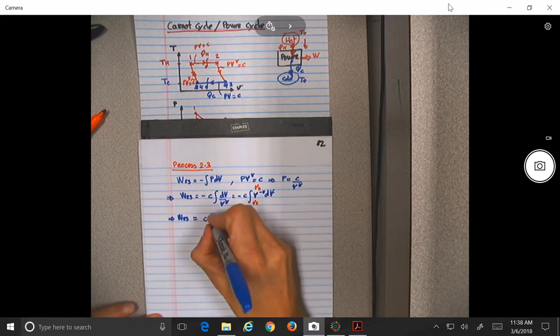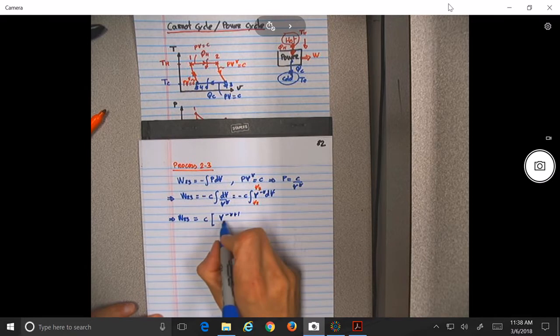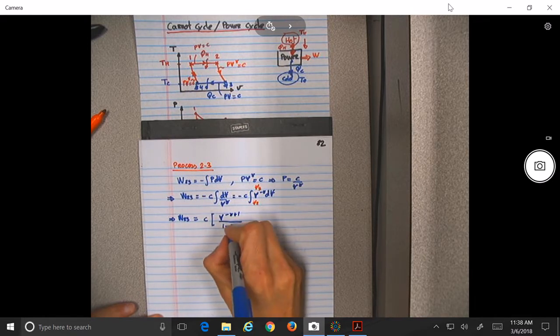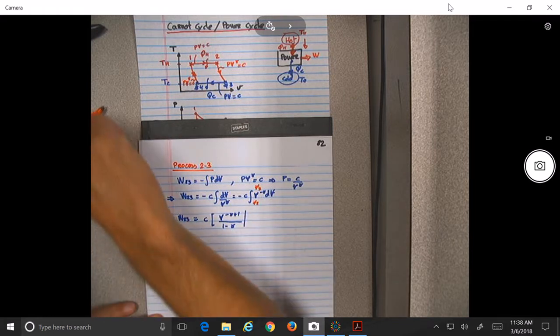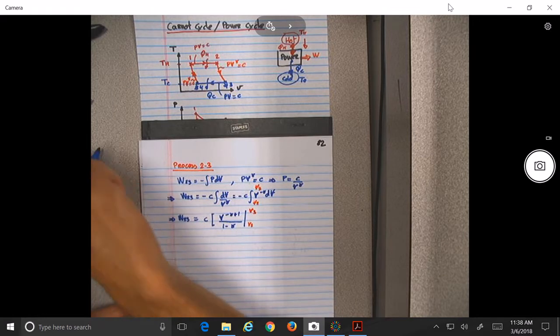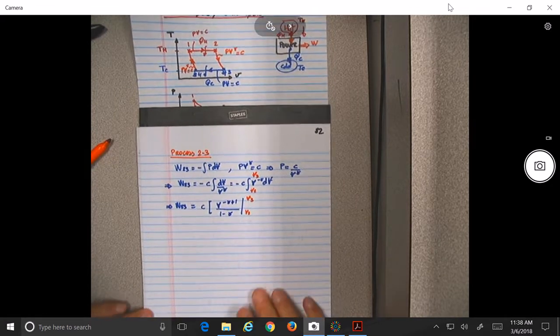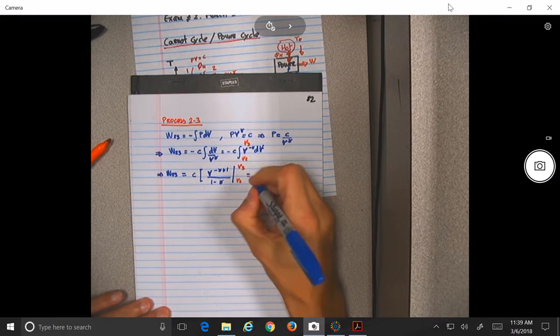C to the V to the minus gamma plus 1, no? Divided by 1 minus gamma, between V2 and V3. So this gives what?